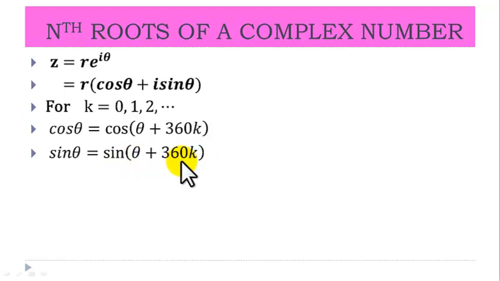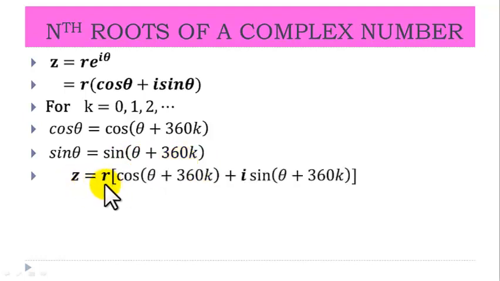So we can therefore express z as z equal to r into cos of theta plus 360k plus I sin of theta plus 360k, or in exponential form as r exponent I theta plus 360k.